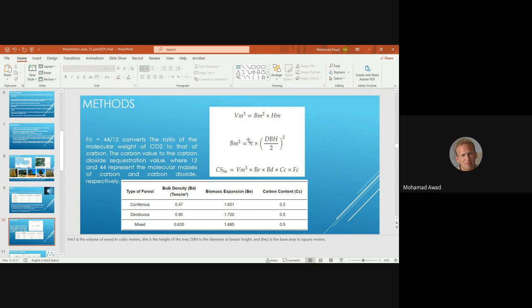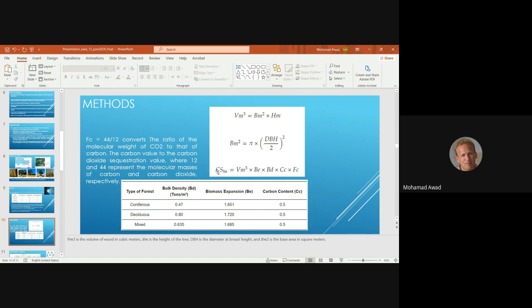We had 3 equations, one for computing the volume of biomass in cubic meters, which is equal to the base area of the samples, in square meters, times the height of the sample in meters. To compute the base area of the tree, we multiplied pi by the diameter at breast height divided by 2, to the power 2.